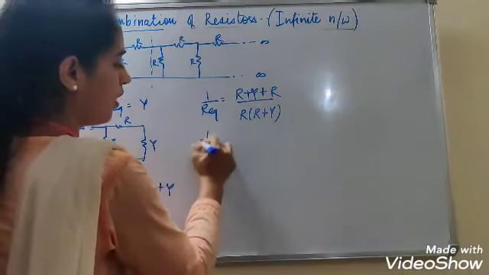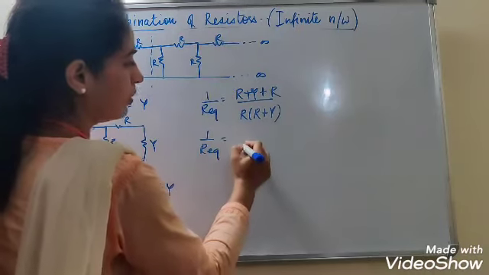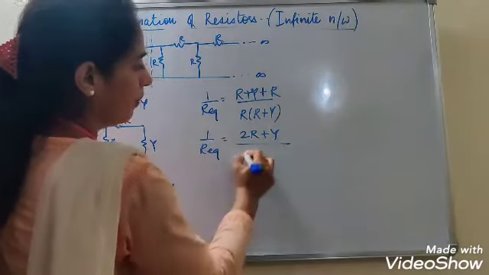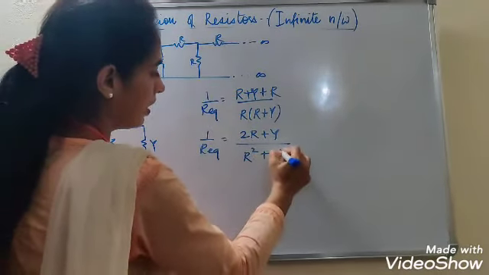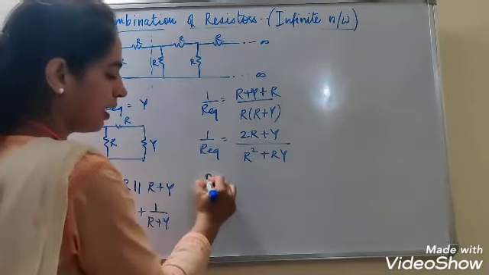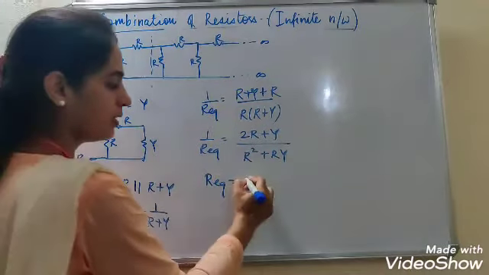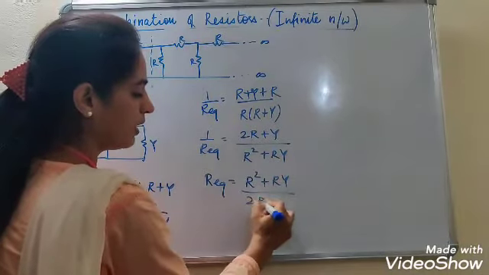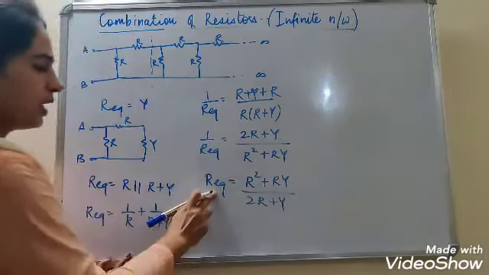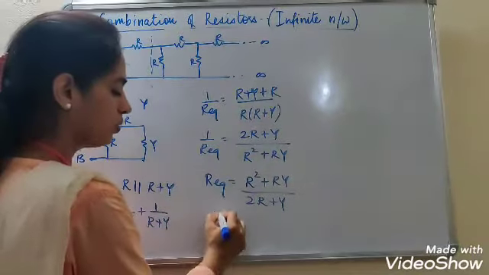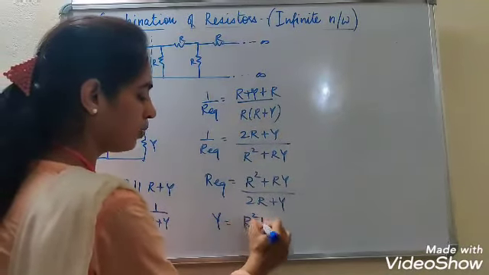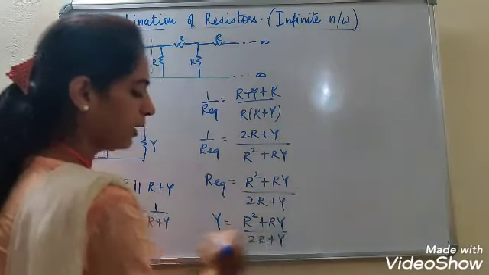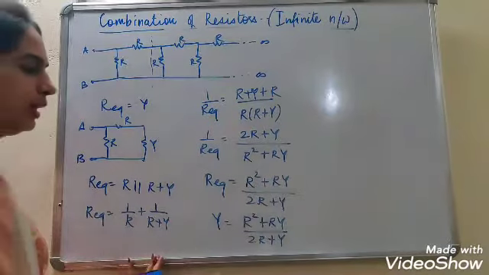Okay, so 1 by R equivalent is equal to twice R plus Y upon R square plus RY. That means R equivalent, taking the reverse, is R square plus RY upon twice R plus Y. What is R equivalent? Equal to Y. So Y is equal to R square plus RY upon twice R plus Y. Now you can solve easily.